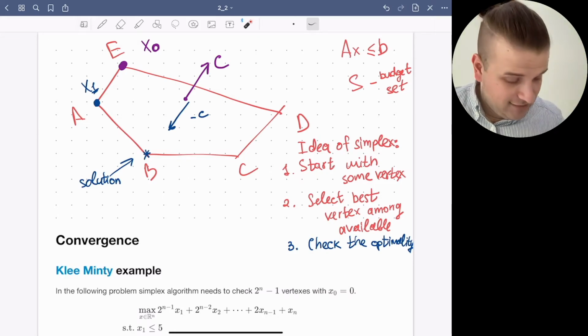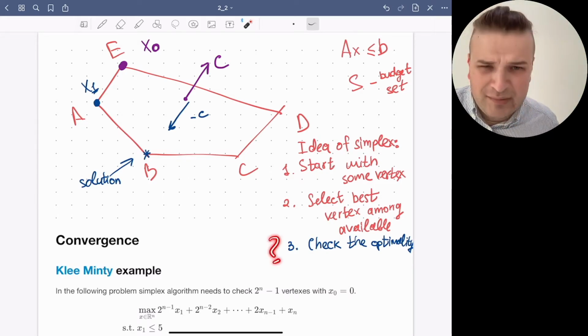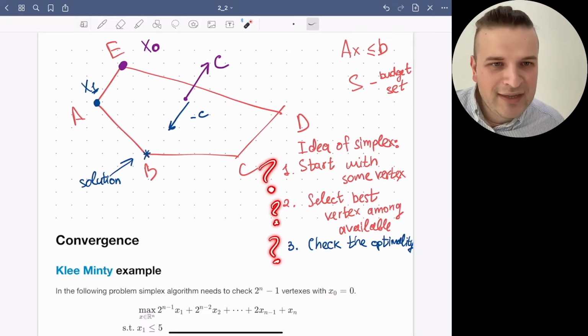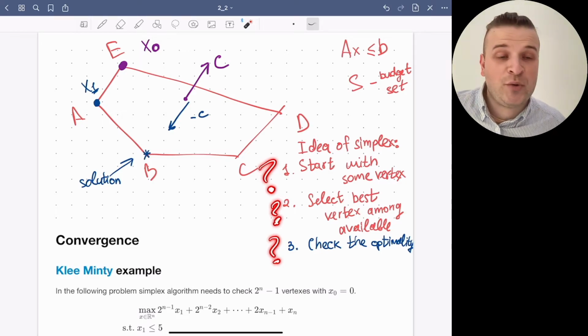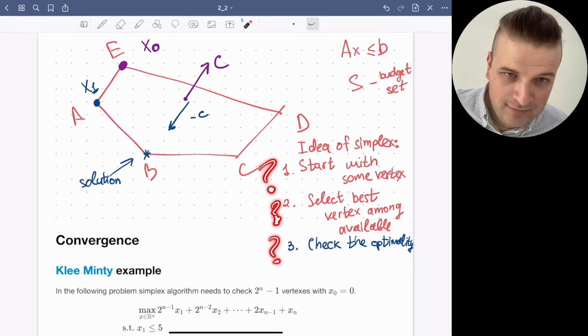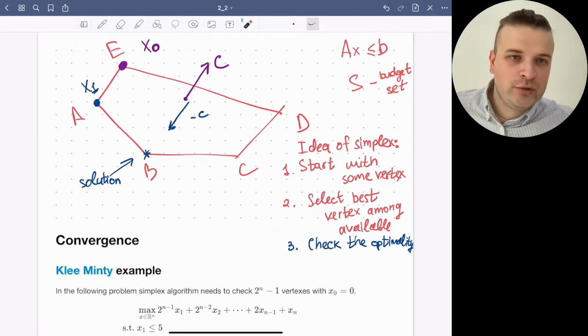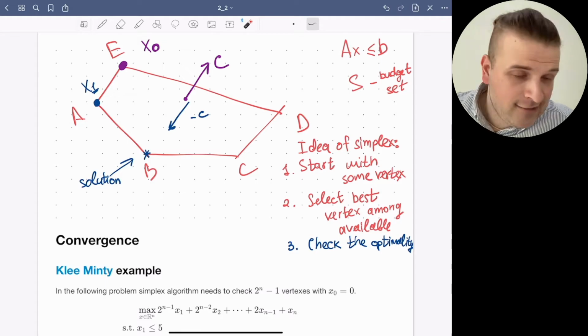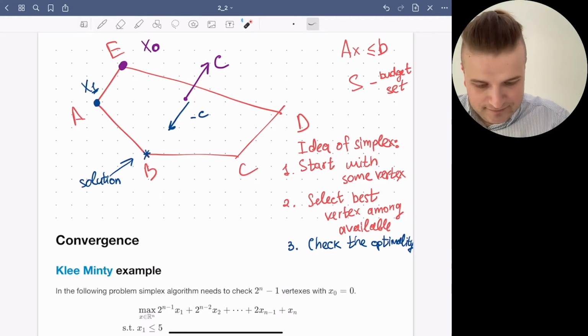But how to check the optimality, how to start with some vertex, how to do this step, these questions will remain open for today, but if we want to consider the simplex algorithm in more detail, we'll go through them later.